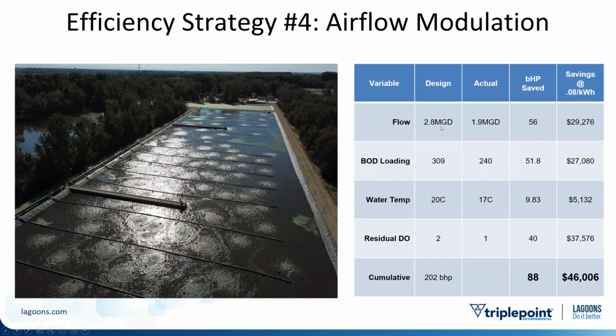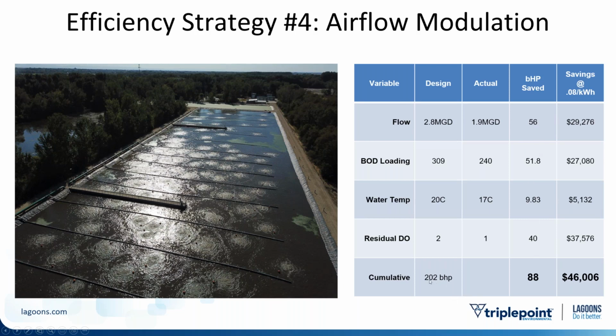Each one of these deltas, the delta between 2.8 and 1.9 is 56 brake horsepower. That's 30 grand. The delta between the BOD that they're seeing is a difference of 52 brake horsepower. It's 27 grand. That means we can turn the blower down 56 horsepower for this line, 51 horsepower for this line, and so on.